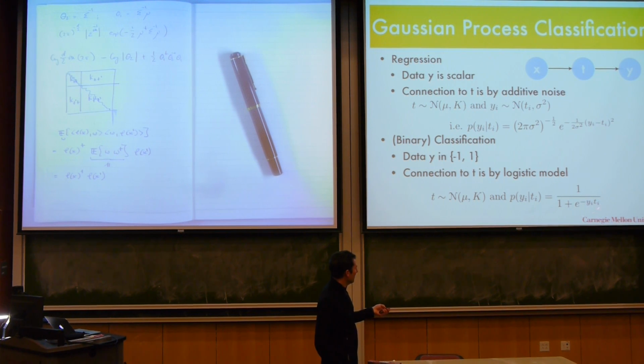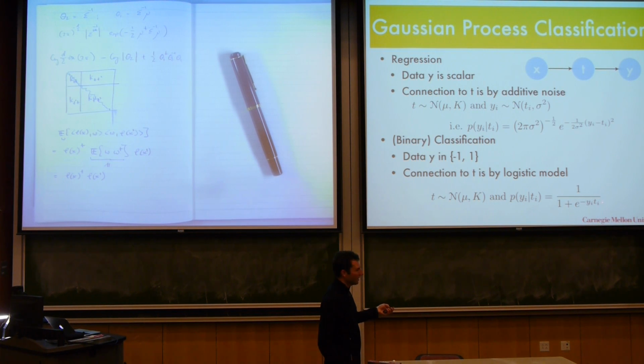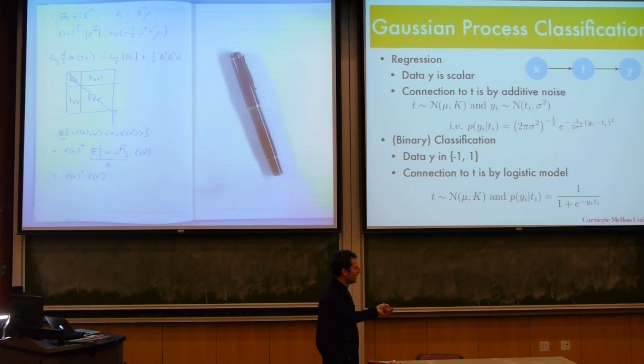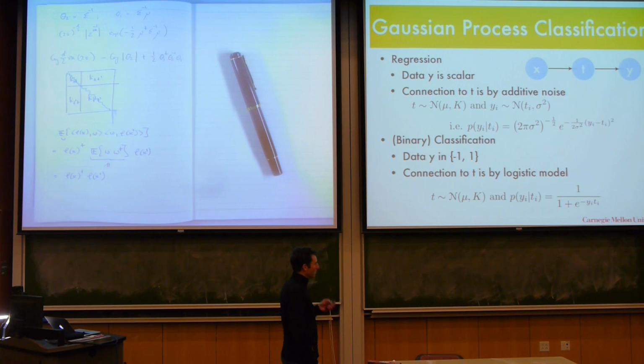So I could, for instance, use the logistic function. So what I'm going to use is 1 over 1 plus e to the minus y_i t_i. This looks a little bit bizarre. Why on earth do I pick exactly that function? Why is that reasonable? We'll see a little bit later today, or possibly after the midterm, why this is reasonable.